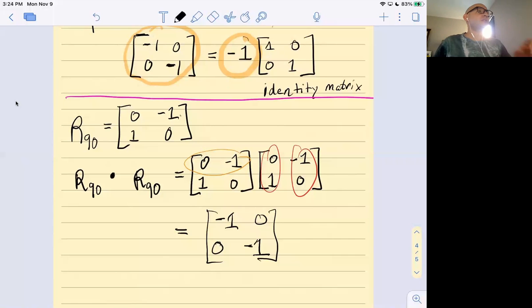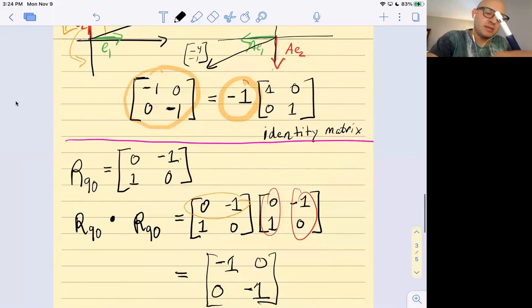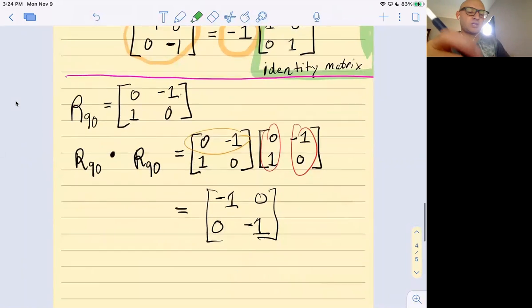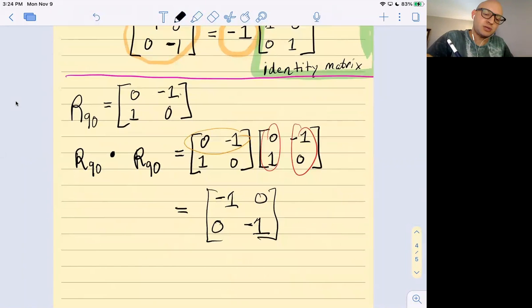It's the 180 matrix. The identity matrix, sorry, I should have made that clear. The identity matrix is just this one. But what we saw previously was negative 1 times the identity matrix, which is actually the 180-degree matrix. This is the R180.